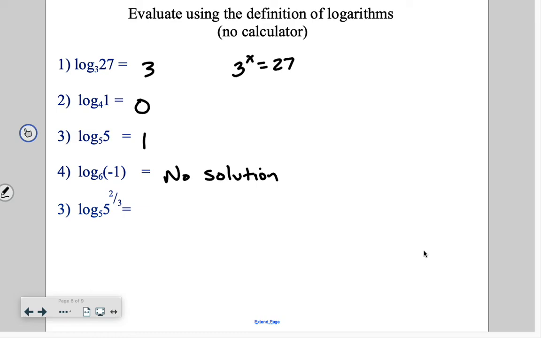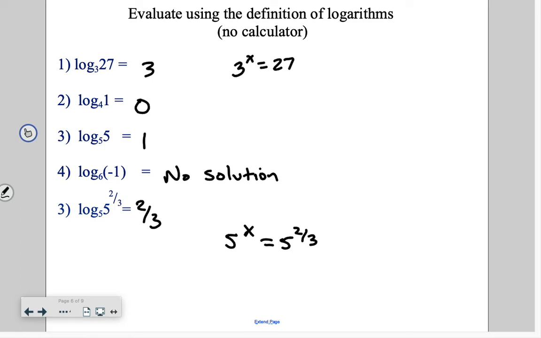If you can't think of it in your head, think of it in exponential form. 5 to some power, I don't know what power, that's what we're trying to figure out, is going to equal 5 to the 2/3. And therefore the answer is 2/3.